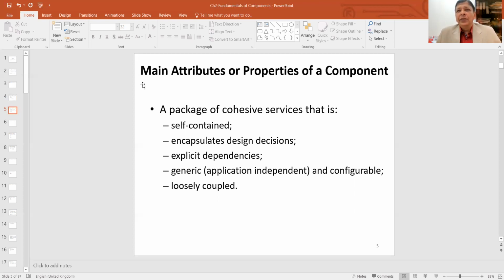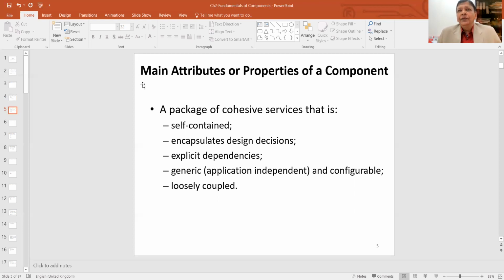Cohesion is independence. It means a module or a component can perform its functionality independently without the help of any other component. So self-contained means it should be highly cohesive and less coupled. Whenever we ask a programmer to develop a component, we always ask that it should be highly cohesive and less coupled.